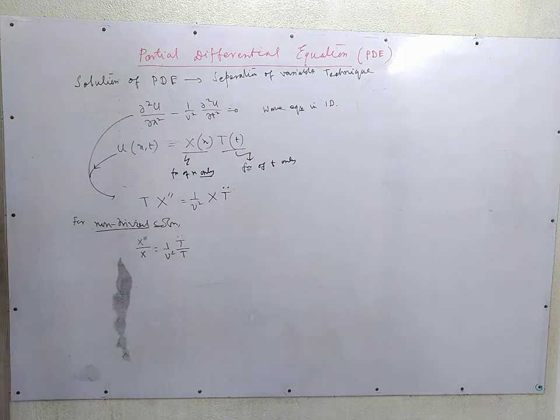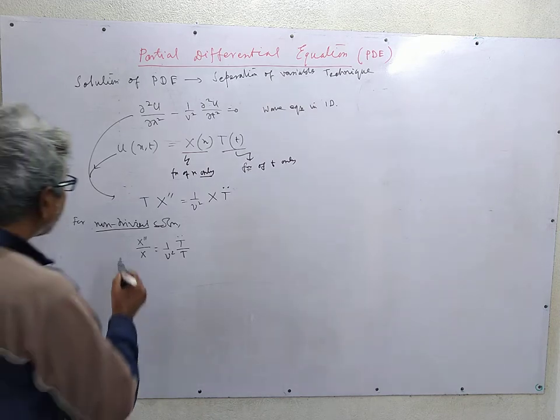For trivial solution, the division by 0 is not defined, so we cannot land up to this equation. Remember this is a very important point, that this form of the solution is obtained only when we seek a non-trivial solution.